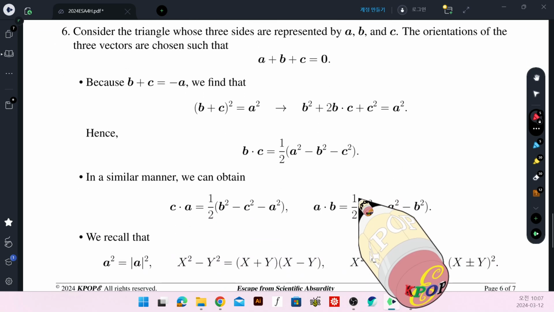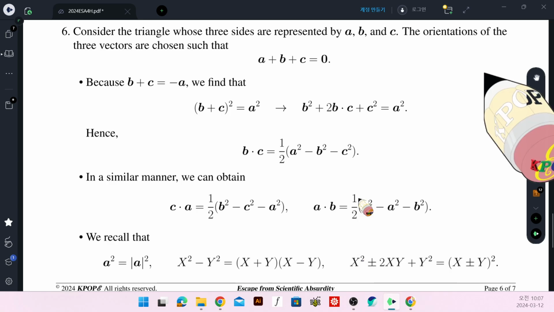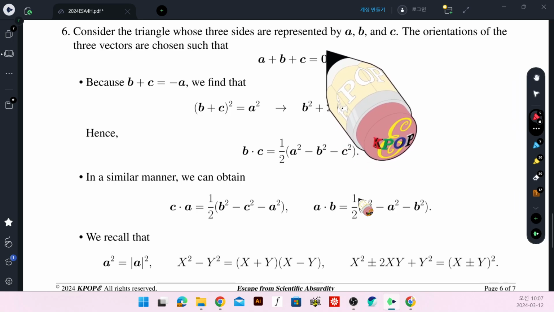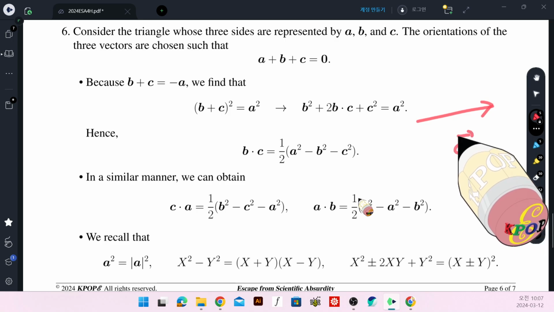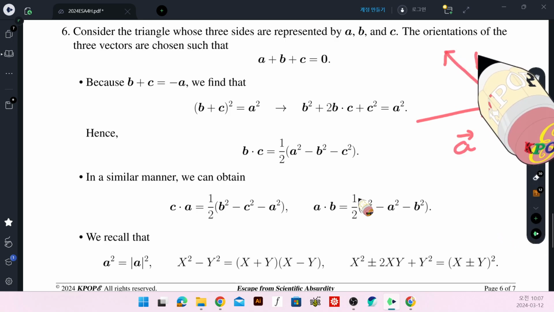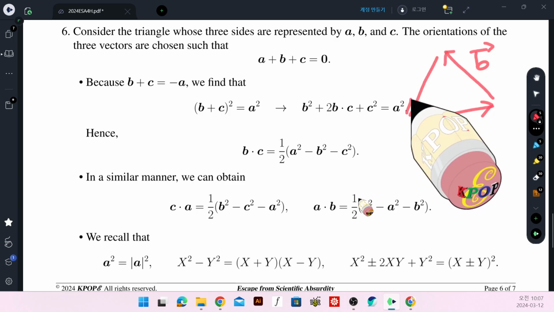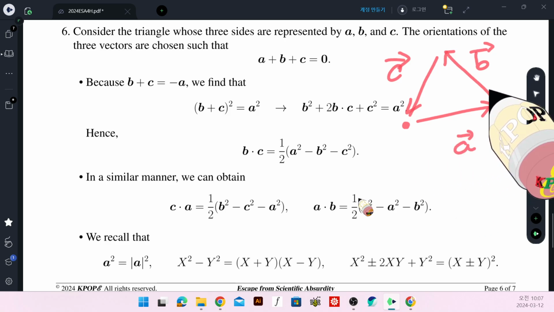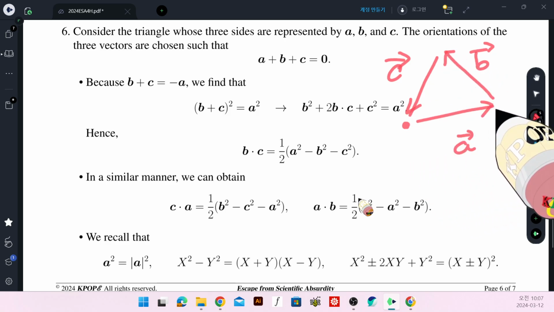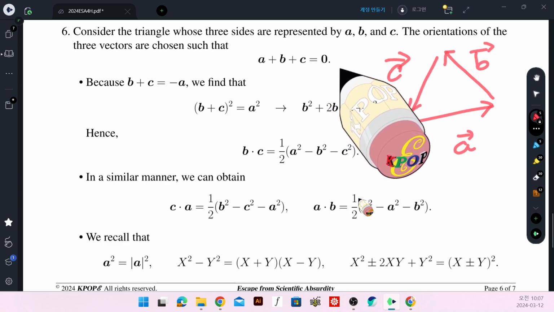6. Consider a triangle whose 3 sides are represented by A, B, and C, and the sum is 0. Aha! The sum is 0. The A vector, B vector, and C vector return to the same point. So A, B, C, if I sum everything all together, the resultant vector is a 0 vector.